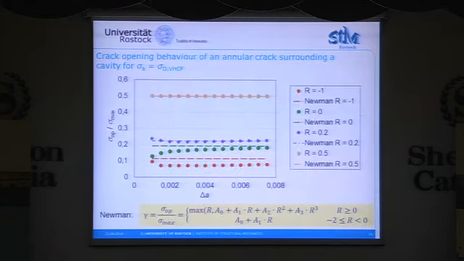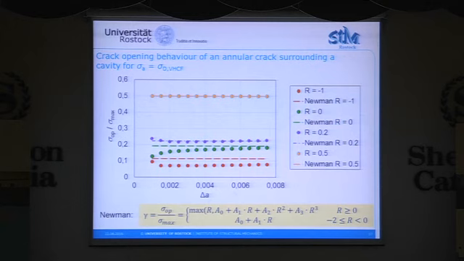And here the first result, and I have to mention that we have applied a stress amplitude which is equal to that of the fatigue strength for each R ratio. You can see that for an R ratio of -1, there is a large crack closure event, and for an R ratio of 0.5 there is no crack closure because the effective R ratio is the same as the applied R ratio.